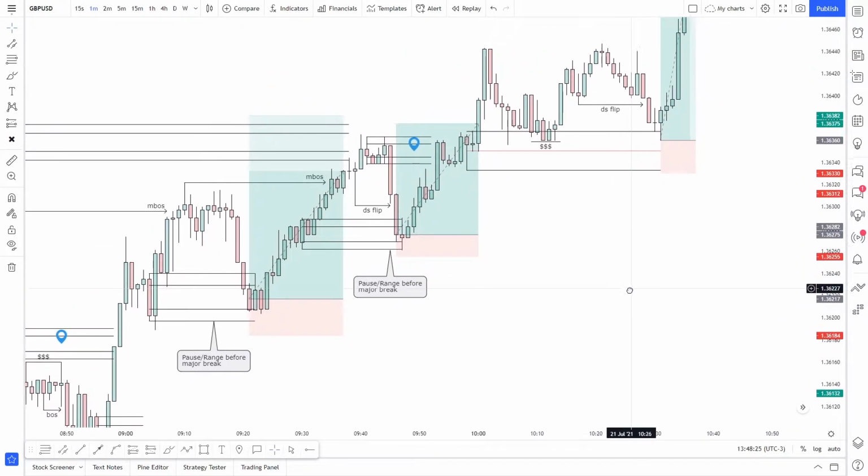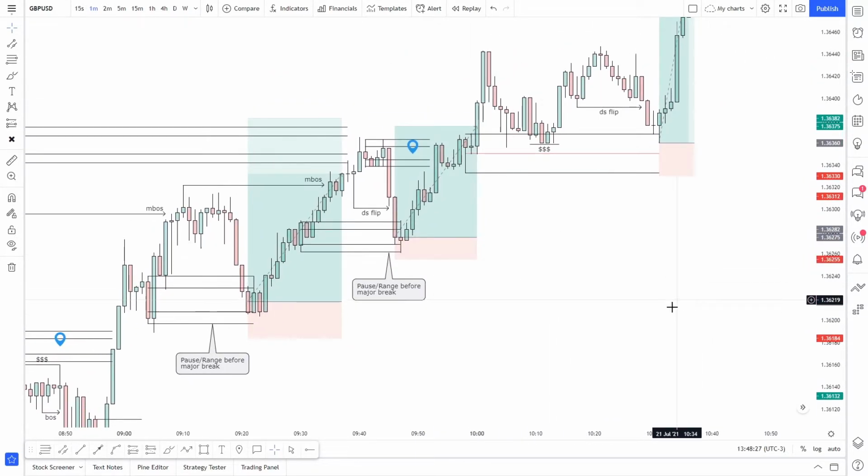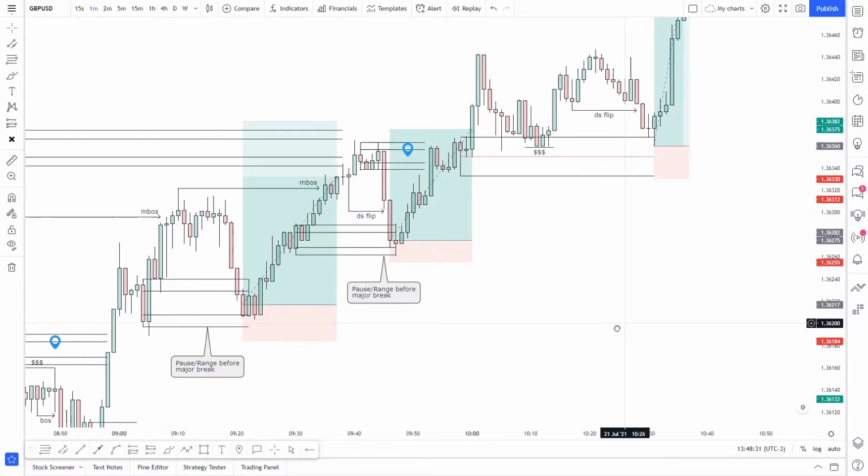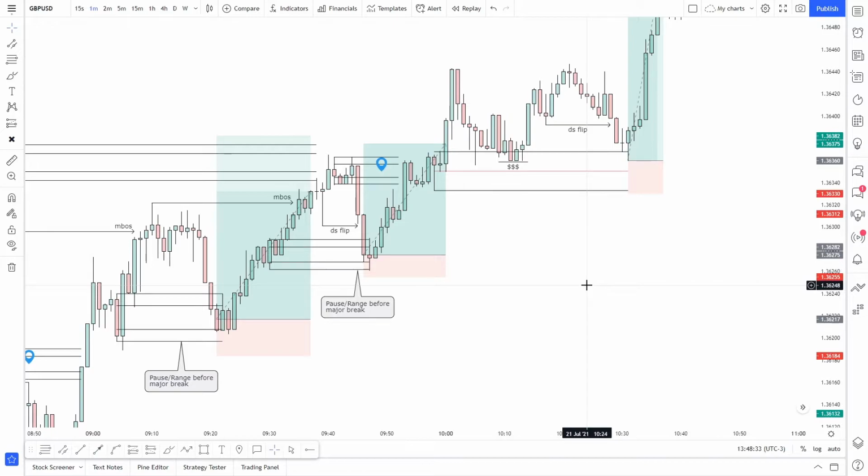If we have a pause, we could try to find an entry after the first mitigation to that pause. Or maybe we create liquidity above that pause, which makes it a stronger area in my eyes, and that leads me to go for an entry instead of just ignoring that area or waiting for another confirmation.